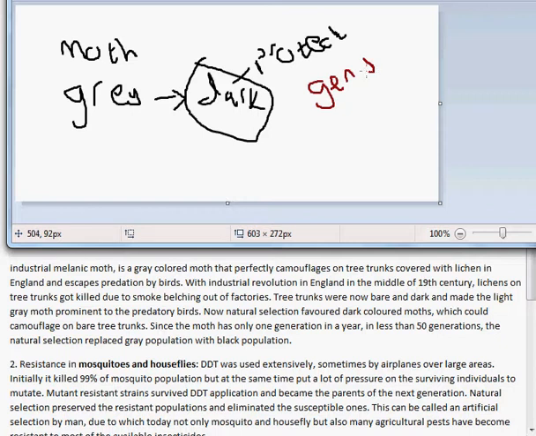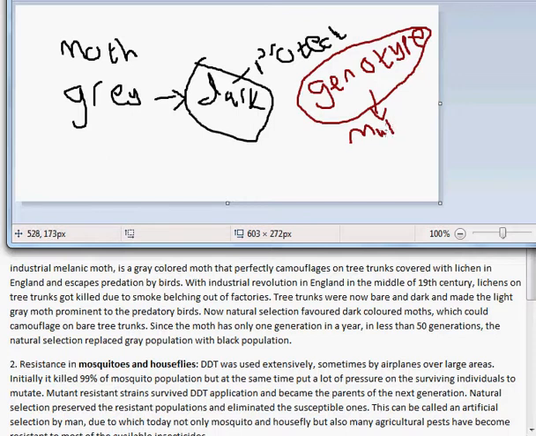The genotype does not change at one instance, okay? This only changes if there is mutation, and most of the time there are only single changes, like minor changes, which only sometimes cause problems.